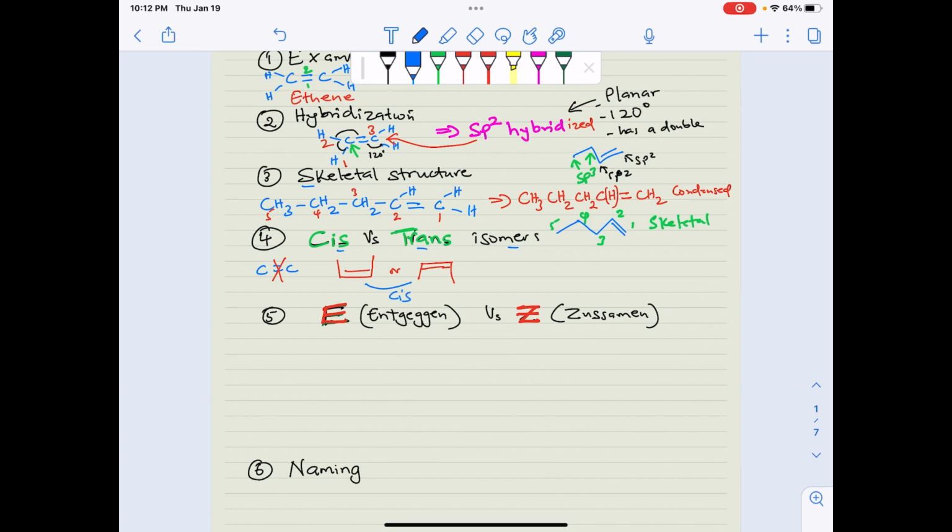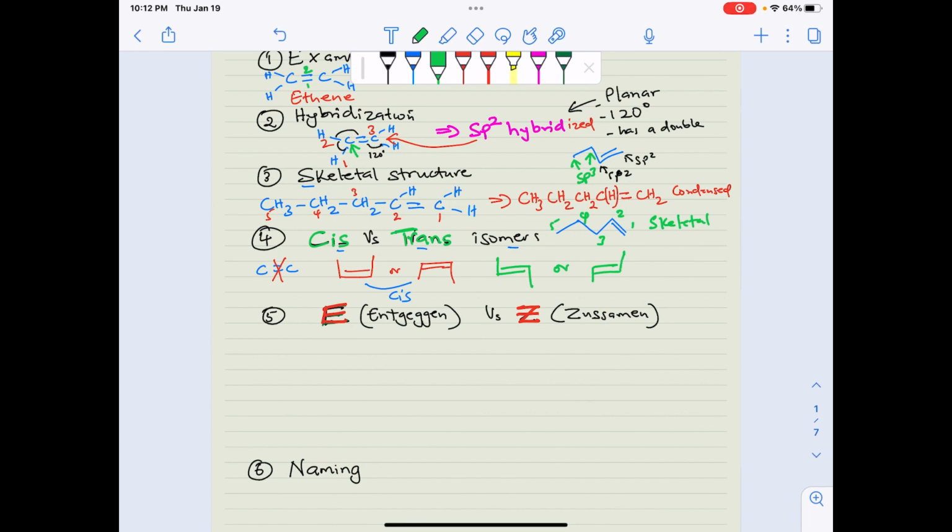The easiest way to remember that is if somebody pointed a gun at somebody and told him to freeze, they will lift up both hands. So that's cis isomer, both groups up or both groups down. The other possibility is where one group is up and the other group is down. You have one group up, another group down, or the opposite.